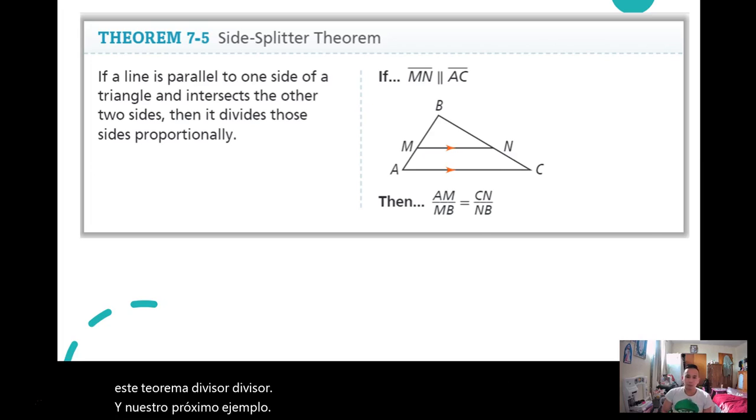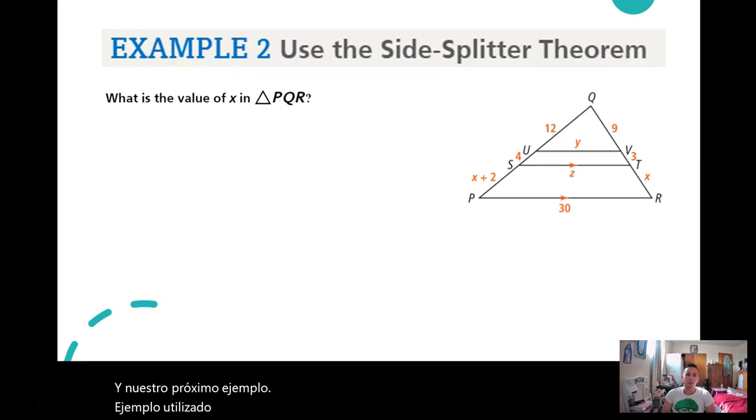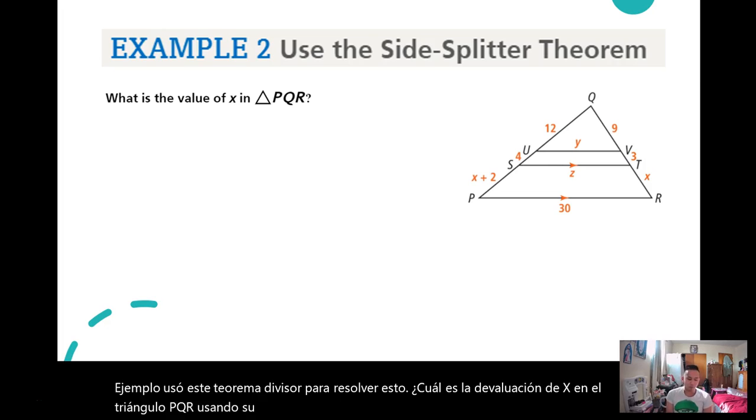Use the splitter theorem to solve this. What is the value of x in triangle PQR using the splitter theorem? Consider other strategies you can use. Can you use proportion of similar triangles? We'll see on that.